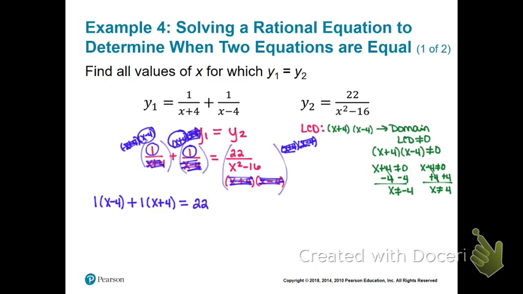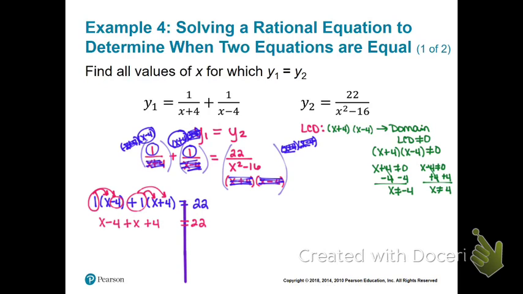And now we're just going to solve this linear equation. So what do we do first? You distribute. Let's distribute the ones. So 1 times x is x, and 1 times negative 4 is negative 4, and distribute the 1 times x, and 1 times 4, and it's equal to 22.